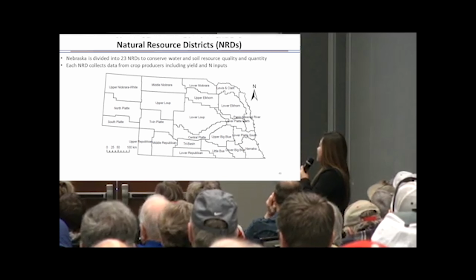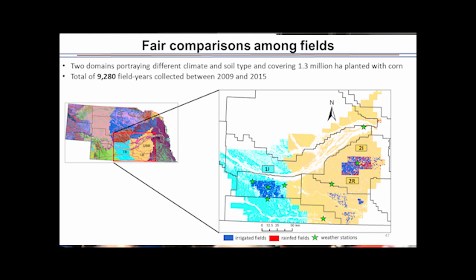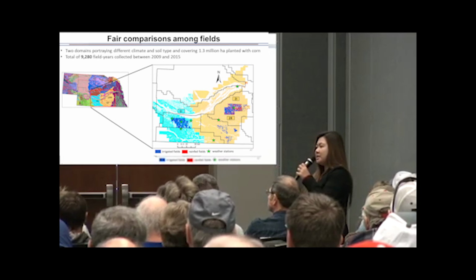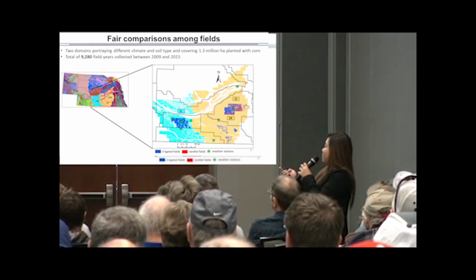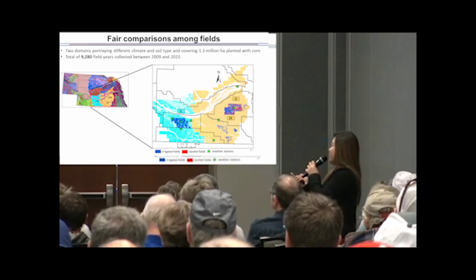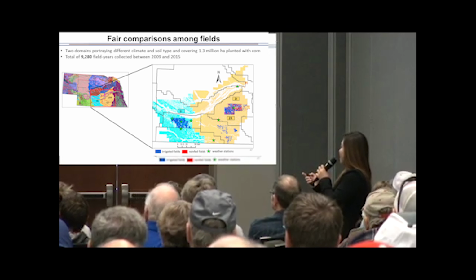Each color here is a climate soil domain, meaning those regions that have the same color have similar climate and soil type, where you would expect the crop to have a similar response. So for this analysis, I just used two major climate soil domains here, which were highlighted there.